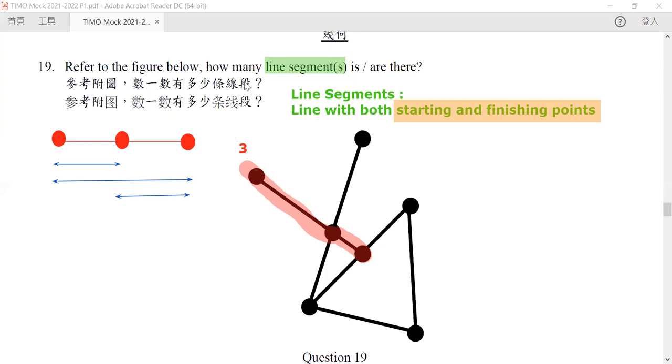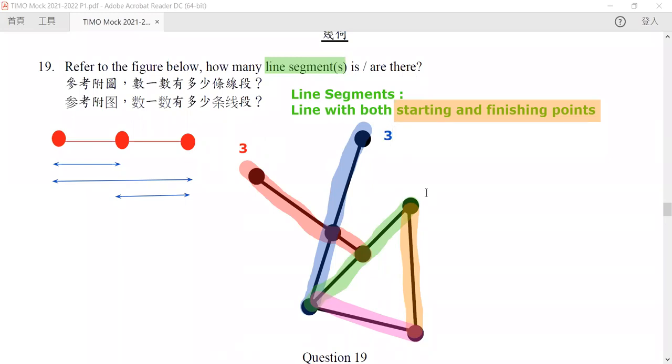Okay. So by the same logic, we can count each line and see how many line segments there are for each one. Let us compute it one by one. For the blue line, there are 3 points in here, so there are again 3 line segments.